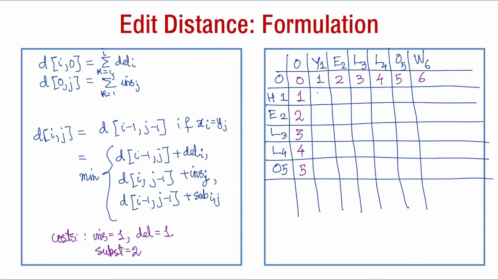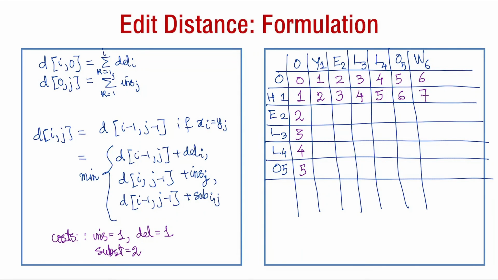So this element, because these two don't match, this could either be the delete cost from here, or the insert cost from above, or the substitution cost from this side, and in all three cases, it will be 2. Similarly, we can see this will be 3, this will be 4, this will be 5, 6, 7, because nothing matches.